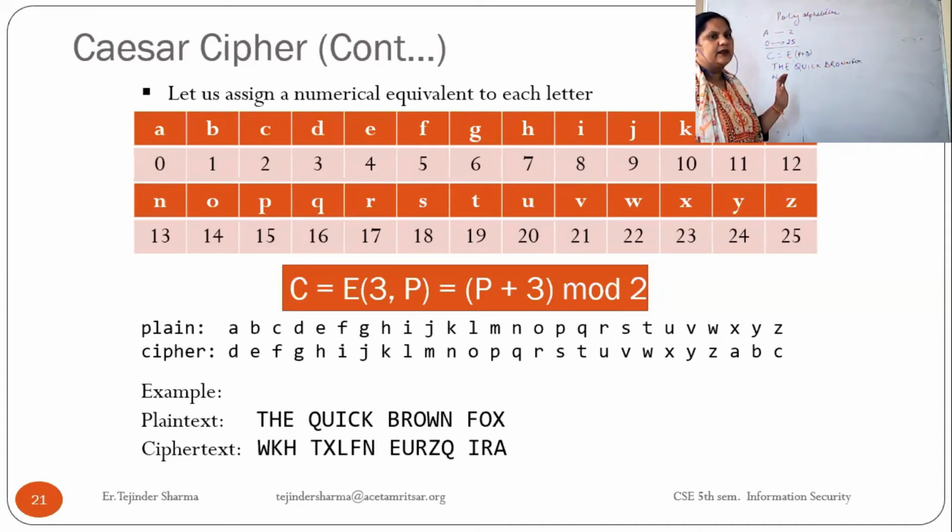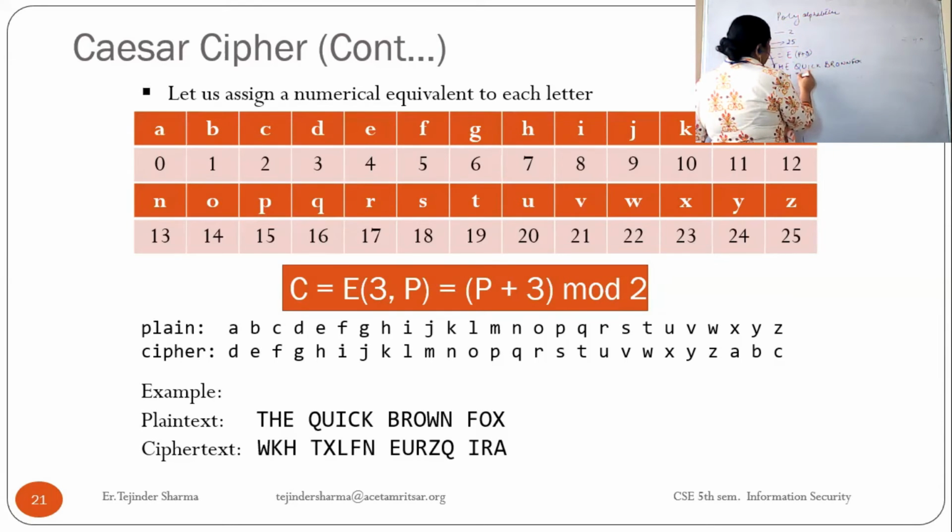And H is at the 7th position. So 7, 8, 9 and 10, you will get K. E is at the 4th position, you will get 7, that is H. Similarly, you can go for others.